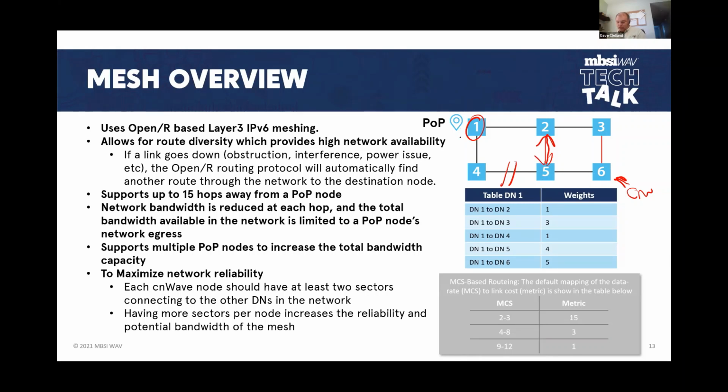That's of course how all meshes work, but this is happening in a very short time frame, and the mesh rebuilds itself as it needs to, because of the fact that we've got all this capacity running between the access points now.